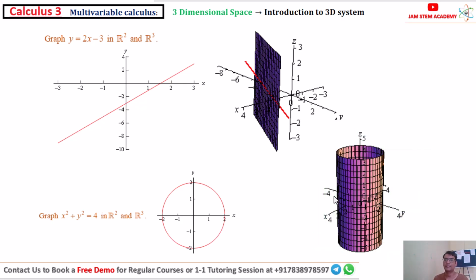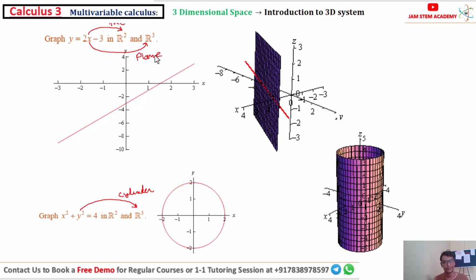That represents a cylinder in space. So this thing represents a cylinder in space and a circle in 2D. Over here, it was a circle earlier. Similarly, in R square it was a line, but for space, it was a plane.